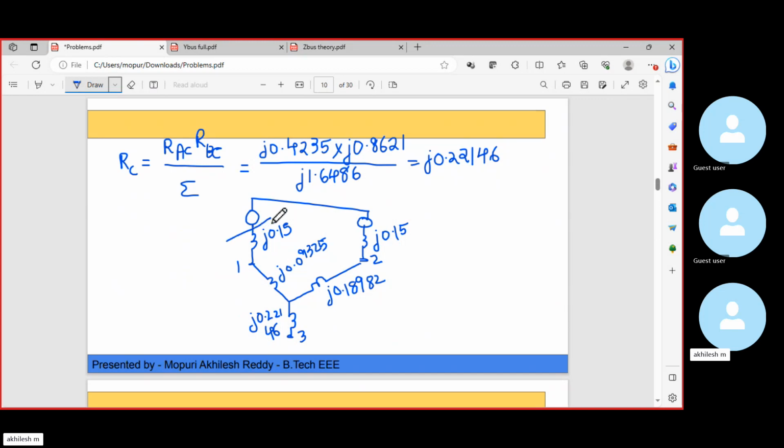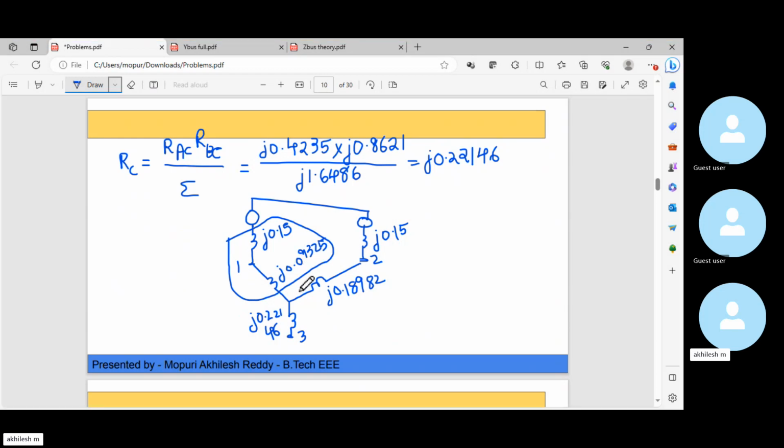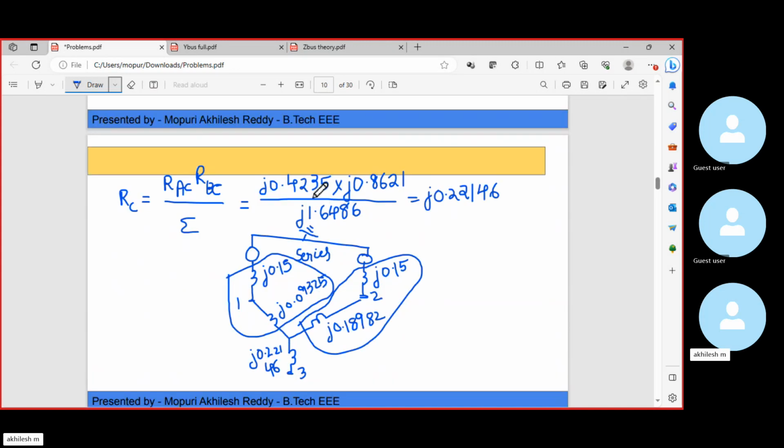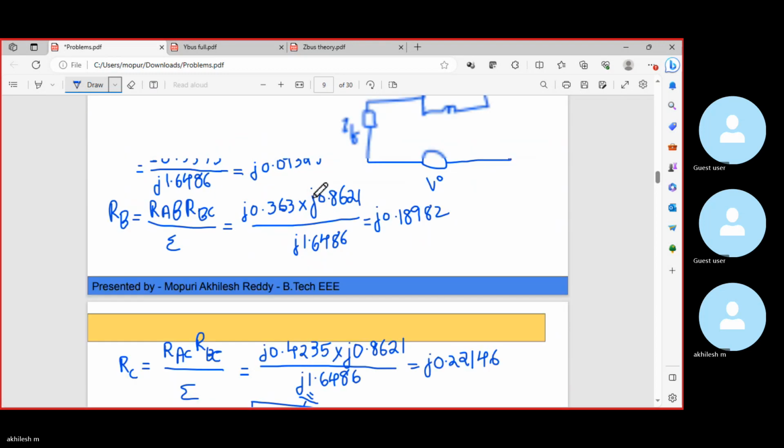Again, these two are in series, and these two are also in series. So the series combination, if we add these two, what will we get? We remove this. Here it is grounded, upside it is grounded. Here also, upside it is grounded.